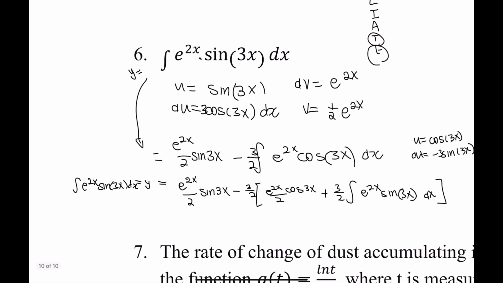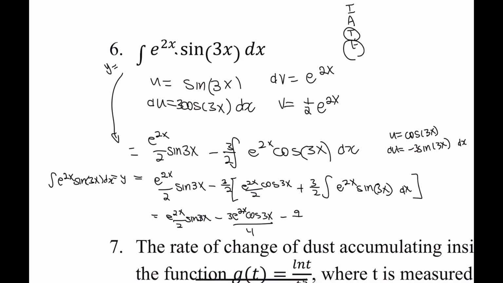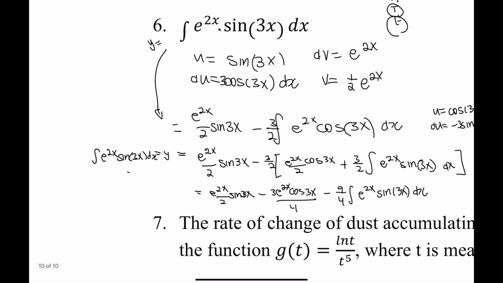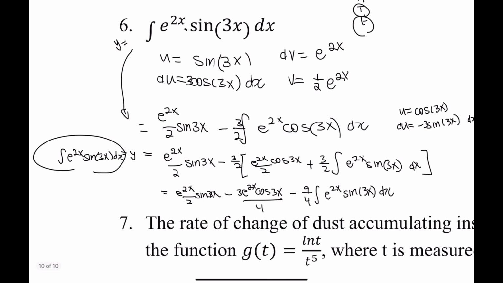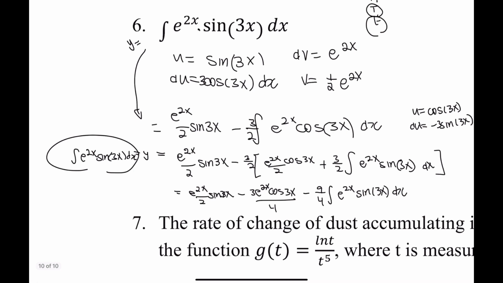So that would be e to the 2x over 2 sine 3x minus, okay, well, this is a little bit complicated, and then minus 9 over 4 times the integral of e to the 2x sine 3x dx. Okay, we're going to combine it with this one. So combine the like terms: 9 over 4 plus 4 over 4, which is 1, would be 13 over 4, right?